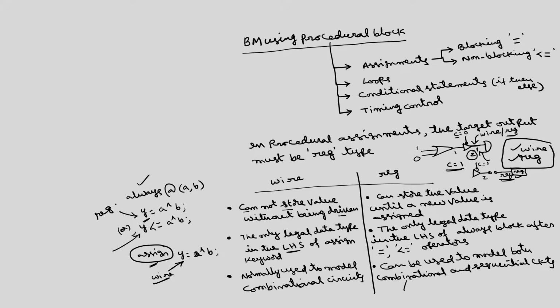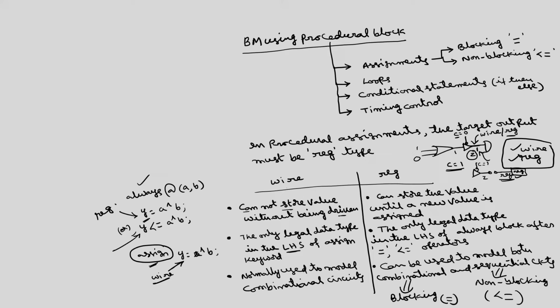So, normally in case of combinational circuits we will use blocking statements, means we will use this operator, whereas in sequential circuits normally we will use the non-blocking operator. So, these are the main differences between wires and registers.